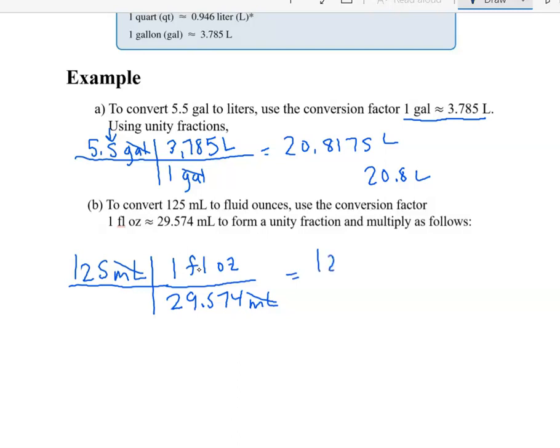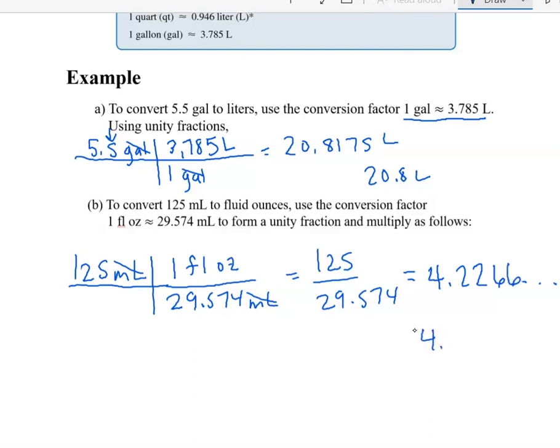We would need to do 125 divided by 29.574. That's going to get me 4.226. I'm going to keep going from there. The next number is a 6.